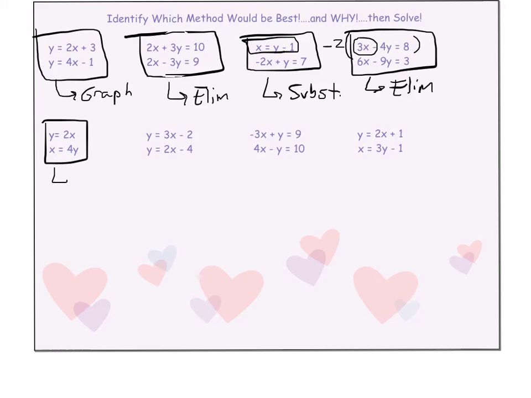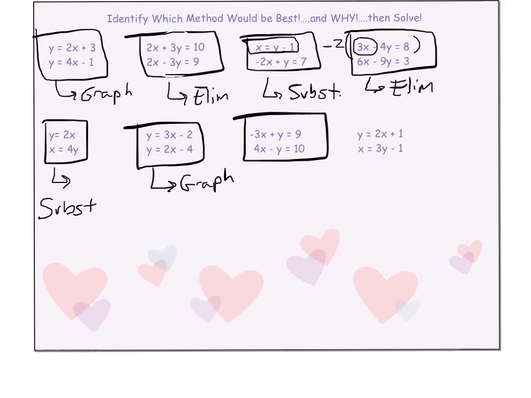I'm going to try substitution. Here we have 2 in slope-intercept form, so try to graph. Here we have positive and negative y situation. Try elimination. Here we have an x equals and a y equals, so I would try substitution.